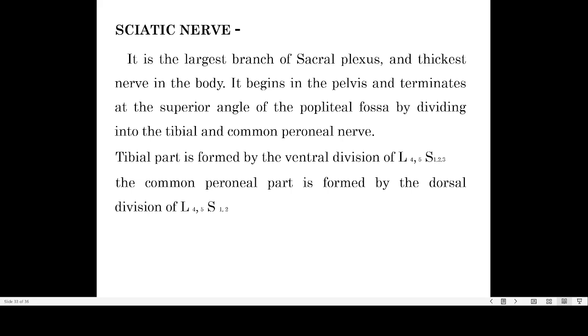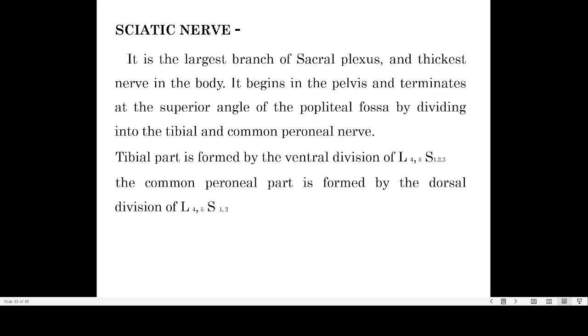Now let us concentrate on the sciatic nerve. It is the largest branch of the sacral plexus and the thickest nerve in the body. Don't forget it: the largest branch and also the thickest nerve in the body.